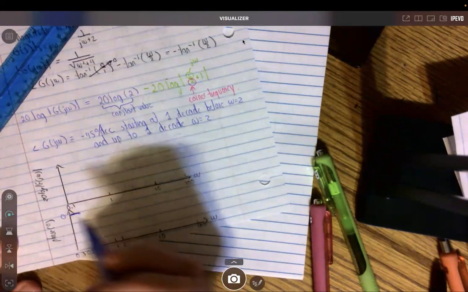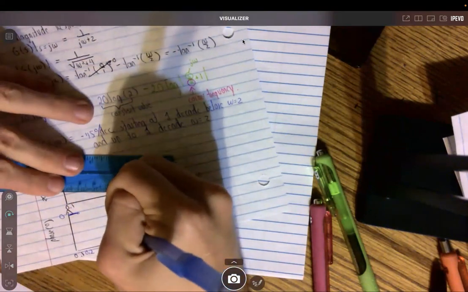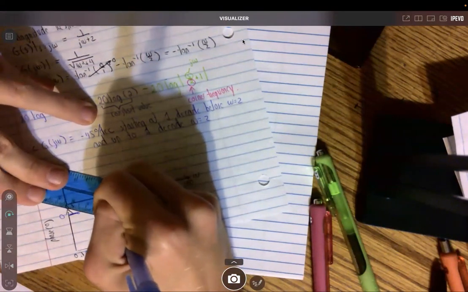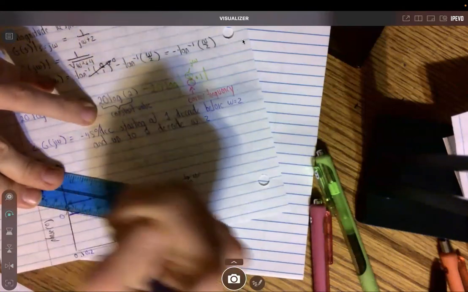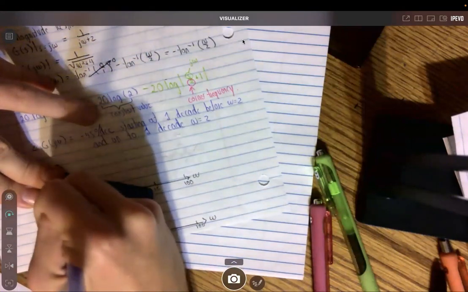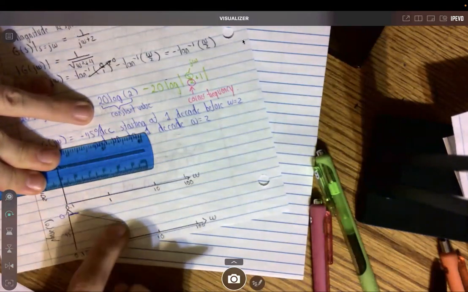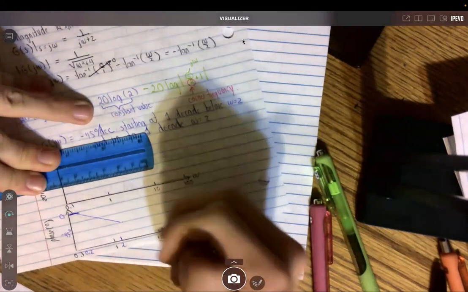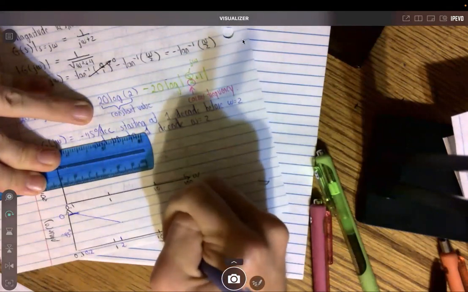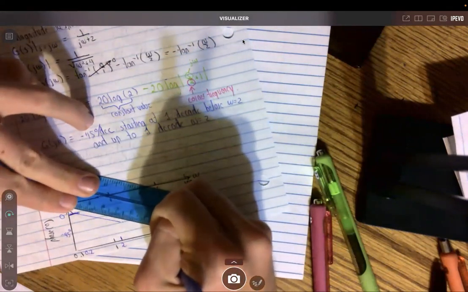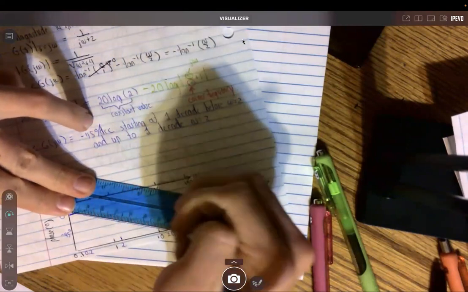Then it's going to go negative 45 degrees per decade. So from 0.2 to 2, negative 45 degrees in between. And then from 2 to 20, that's 1 decade after, it's going to continue and have negative 45 degrees.